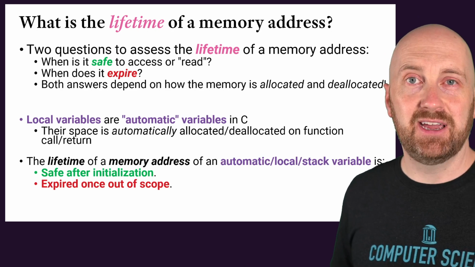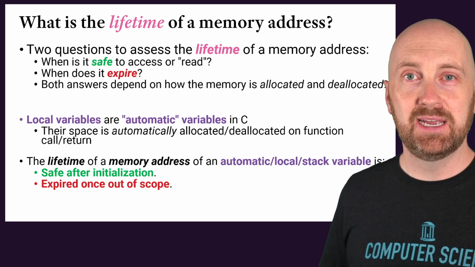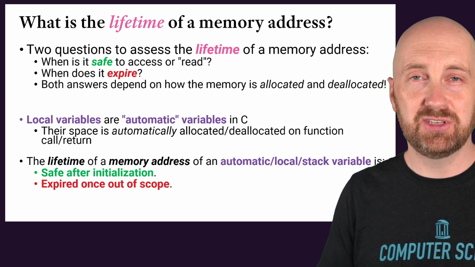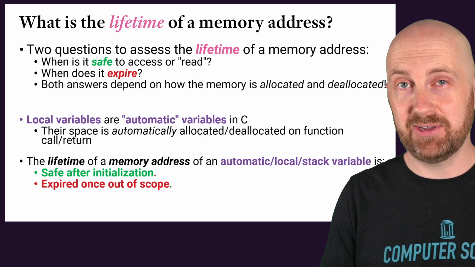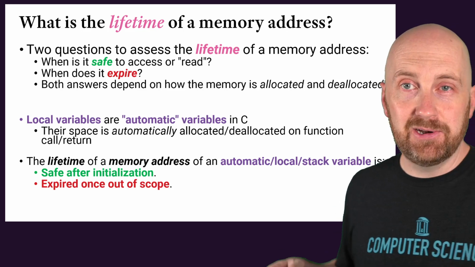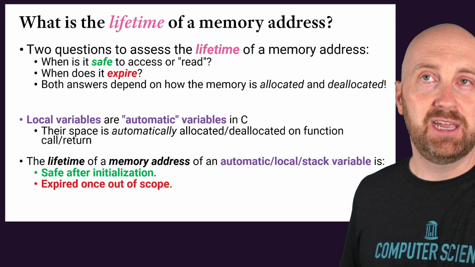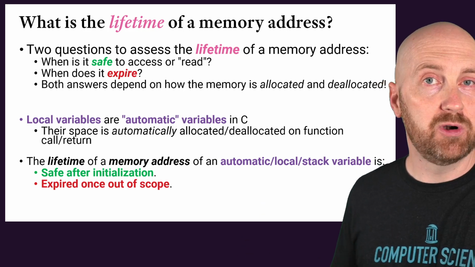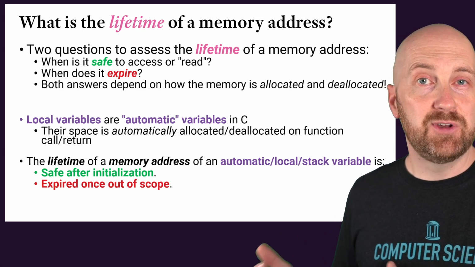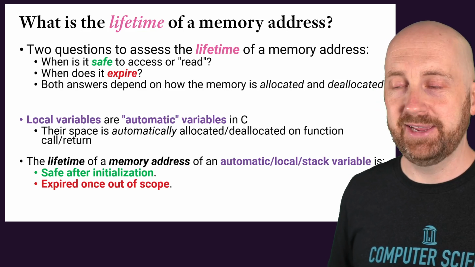So the lifetime of an automatic variable in C is going to begin once that variable has been initialized. This is slightly more nuanced than just allocated, and I'll come back to that in just a moment. And it will be expired once that variable is out of scope, which, if you declared a local variable or a parameter in a function call, would be when the function returns. If you declared a variable in a nested scope, it would be when that scope completes.